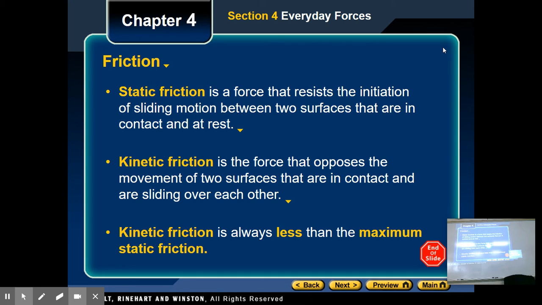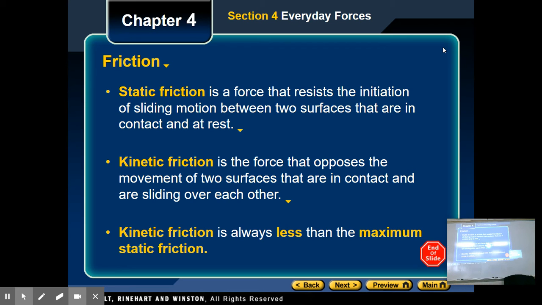Static friction is a force that resists the initiation of sliding motion between two surfaces that are in contact and at rest. So, currently, move this. Right now, there is static friction between the little feet on this podium and the tile floor. That's going to resist its movement.